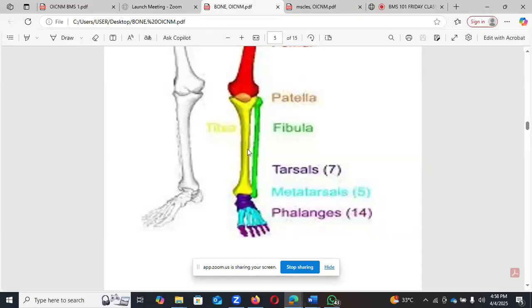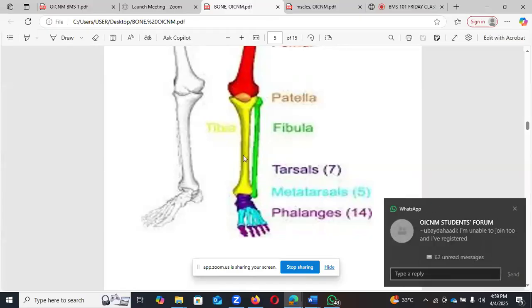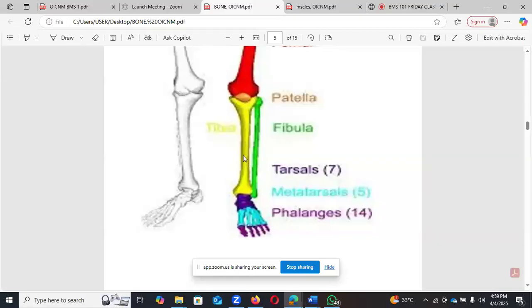But if the tibia is broken, it's more dangerous because it carries more weight. This yellow one, the tibia, carries more weight. So if anything should happen to it, it will be more devastating compared to the fibula.